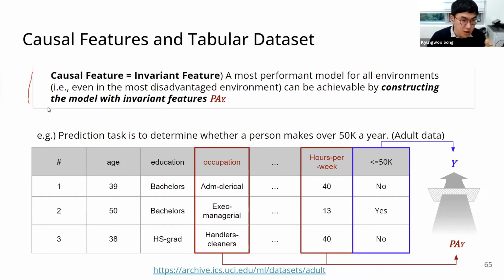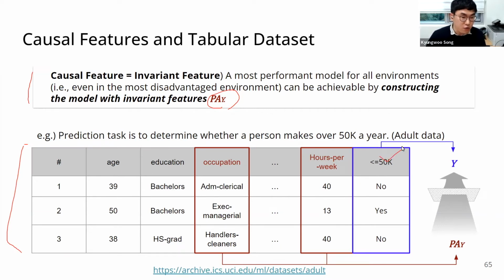We will denote the invariant features as PA_Y, the parents of Y. Let's see a tabular data example. We bring the example from the Adult dataset, the benchmark dataset for fairness. What we want is to determine whether a person makes over $50,000 or not.